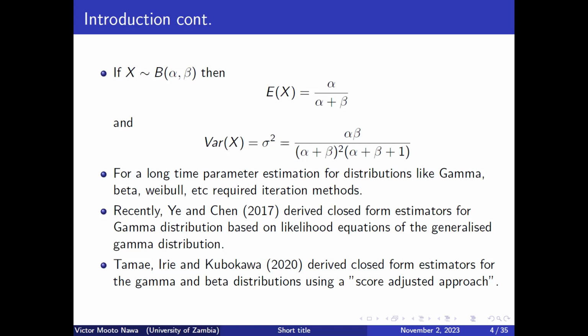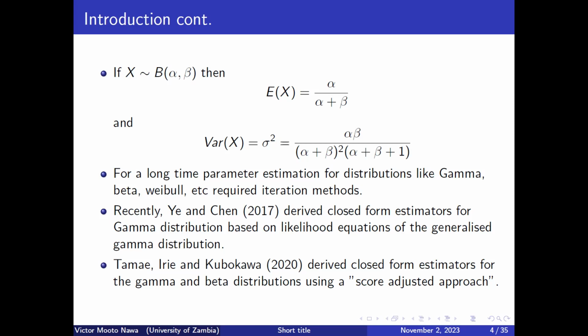Then Tamai, Iri, and Kubokawa in 2020 also derived closed form estimators for the gamma and beta distributions using what they called a score-adjusted approach.